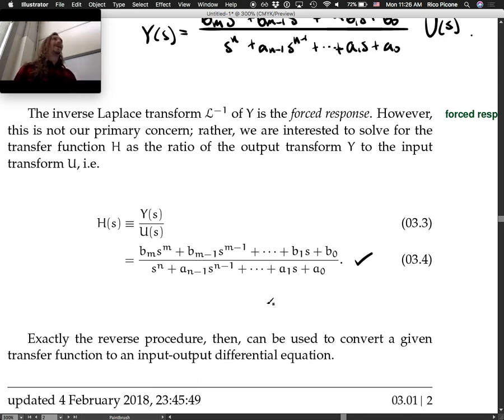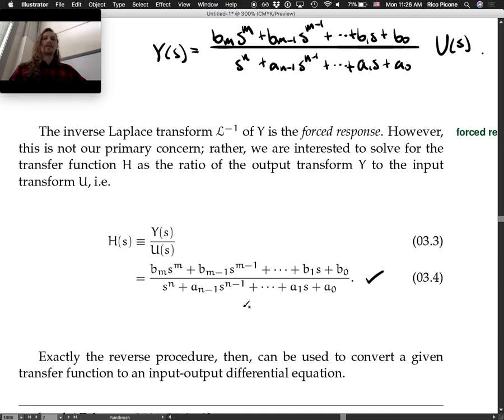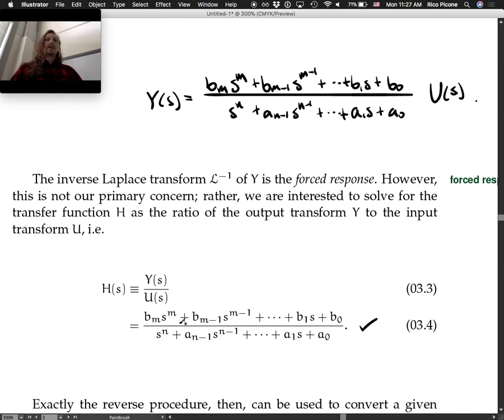No, I would encourage you not to. Doing it once would be a good idea, but doing it more than once is not necessary. Because by inspection of the differential equation, we can write down the transfer function, and from inspection of the transfer function, we can write down the input-output differential equation.